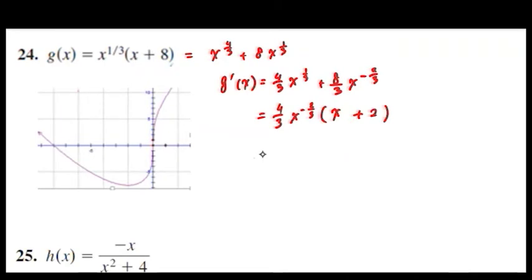Right. Okay, let me rewrite it. It's 4 times x plus 2 over, let me write it this way, cube root of x quantity squared. Is it better if I write it like that? Now you can see the denominator is always positive.